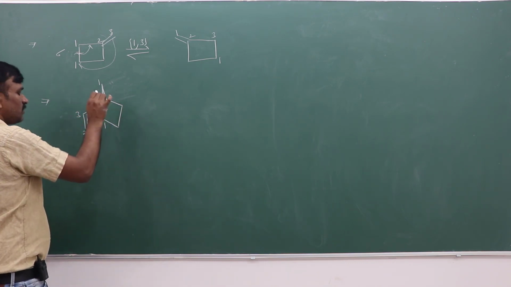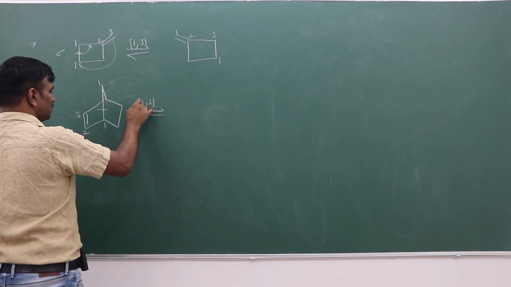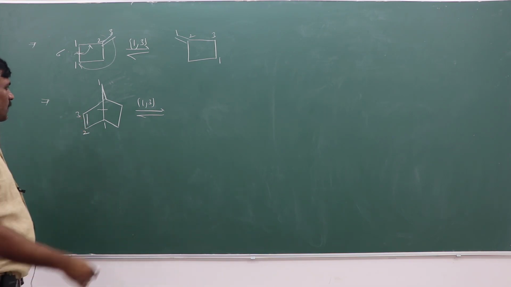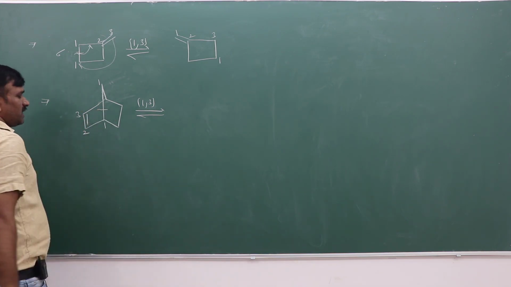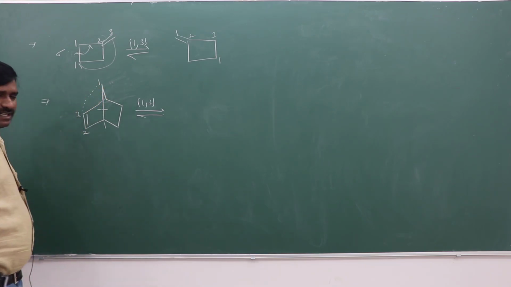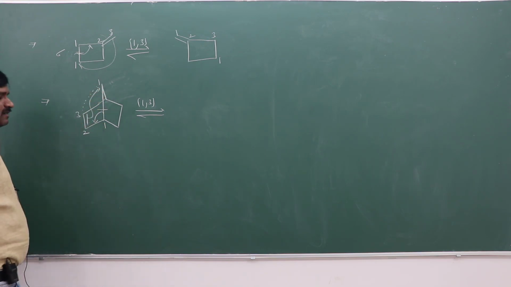This 1,1 position bond breakage takes place. If a 1,3 shift takes place, because only one terminal is there, that is the odd terminal, in this case the 3 position. So this 1,1 position bond will be breaking. So what will happen? 1,3 position bond formation takes place. That means like this. Right?